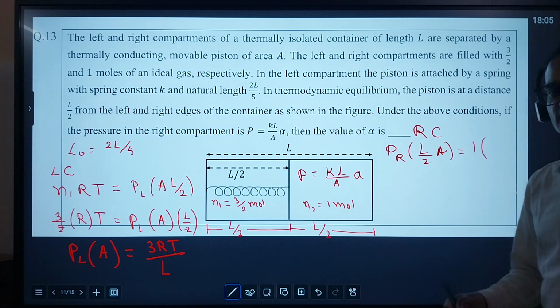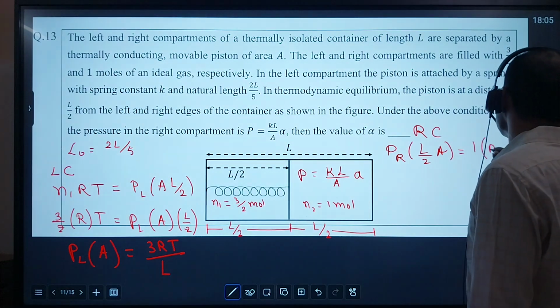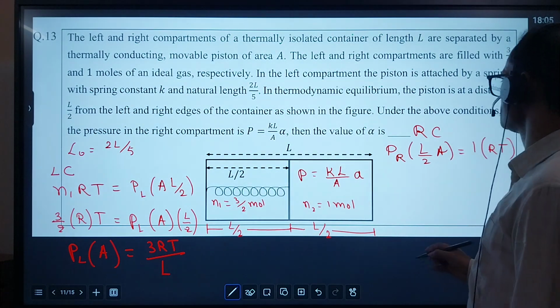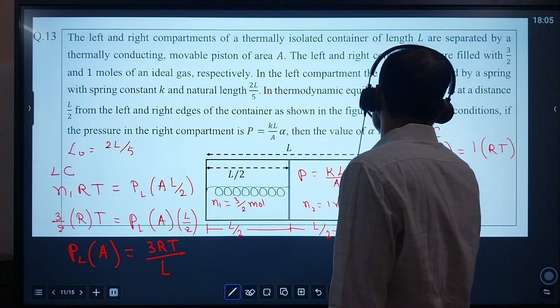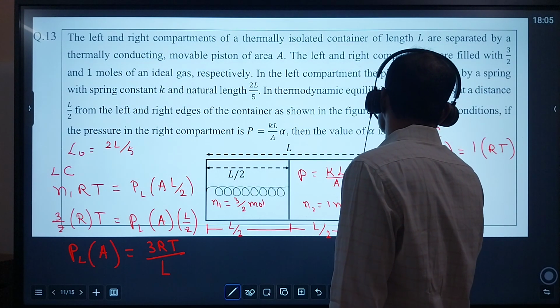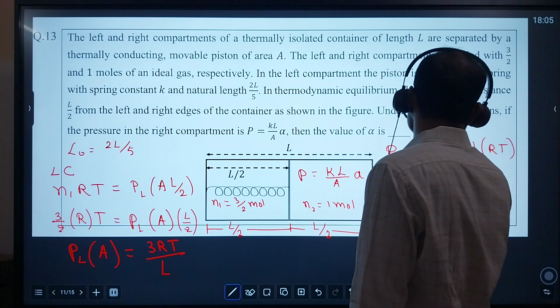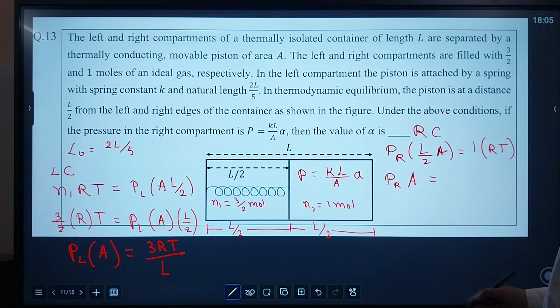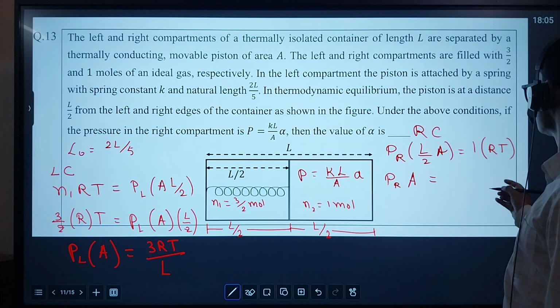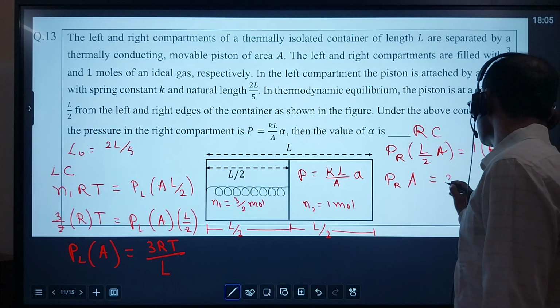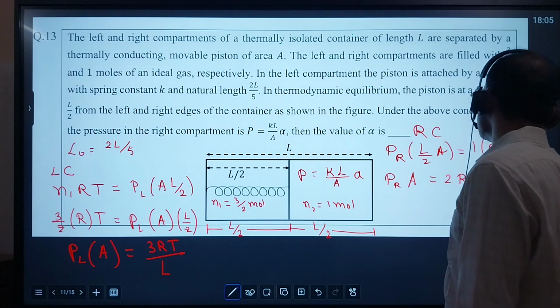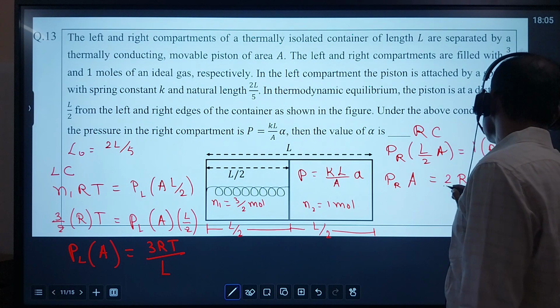The number of moles on the right side is only 1, and the temperature is T. So PR into A will become 2RT by L.